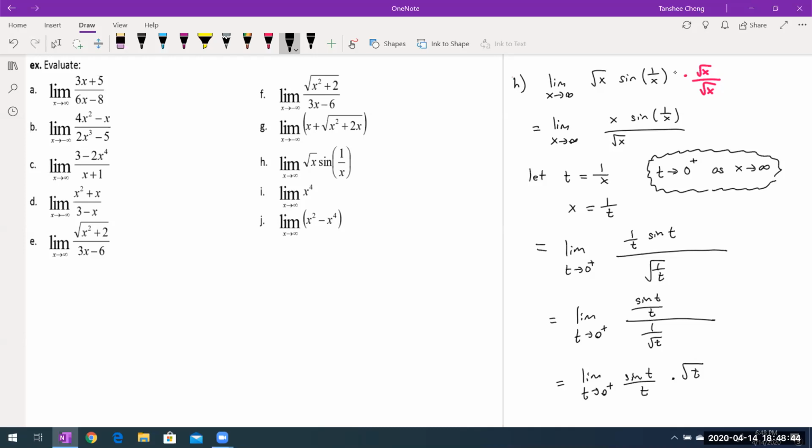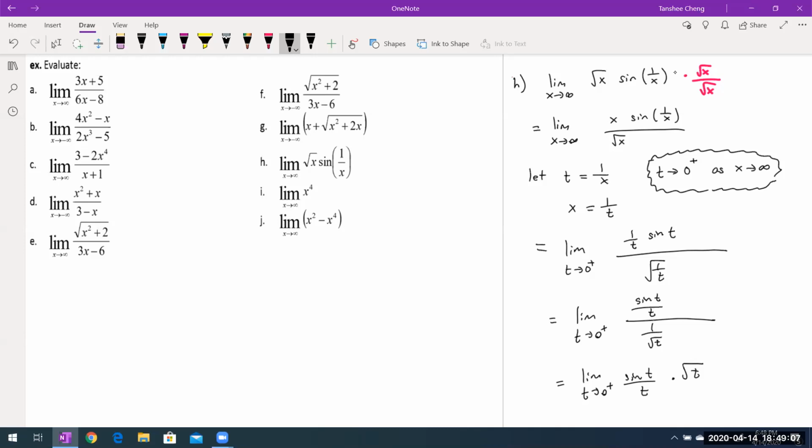Now, we know that the first factor has a limit, and the second factor also exists as t approaches 0. It has to be very consistent, because t has to approach 0 from the right-hand side, since the square root of t doesn't have a graph on the left-hand side, so you cannot approach 0 from the left.